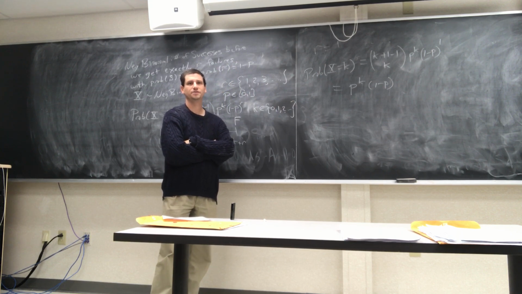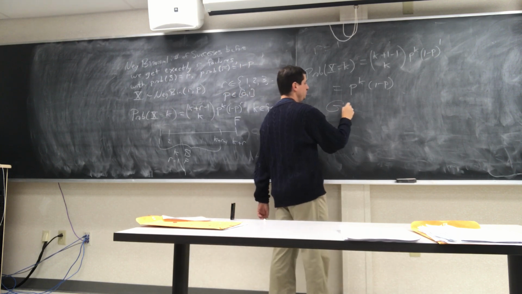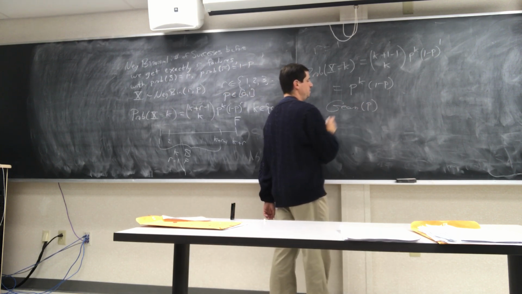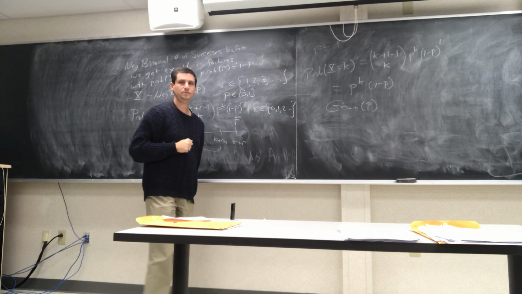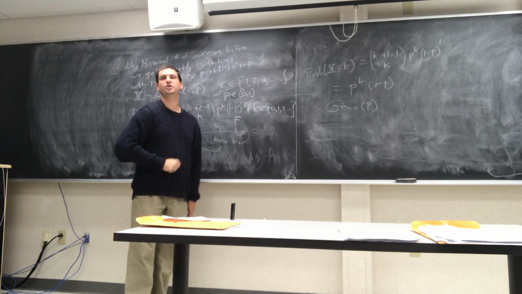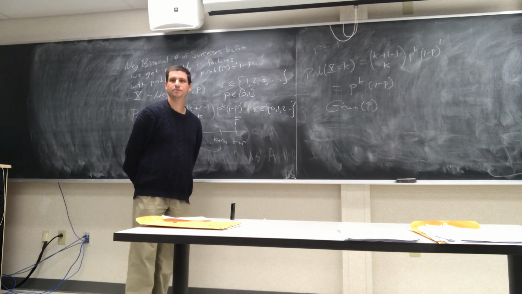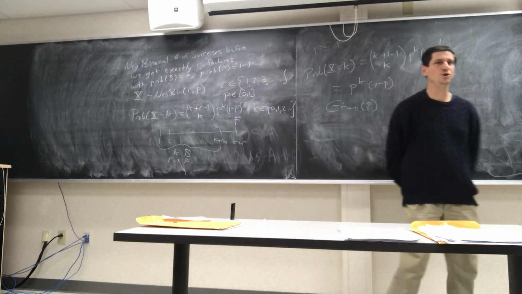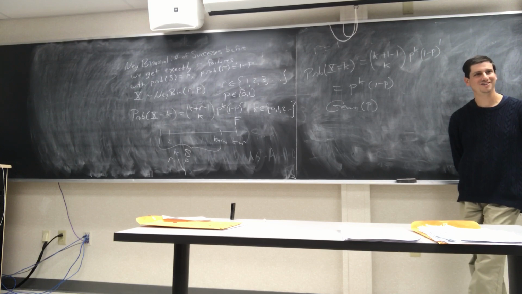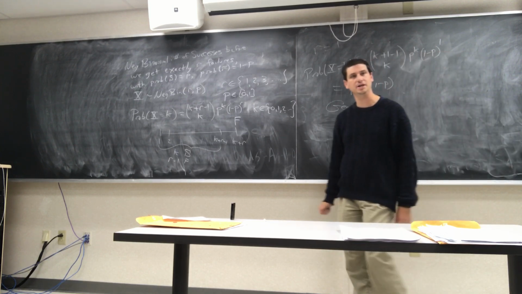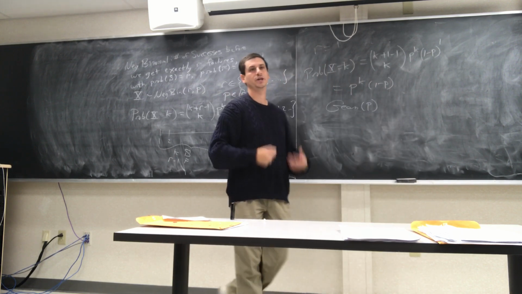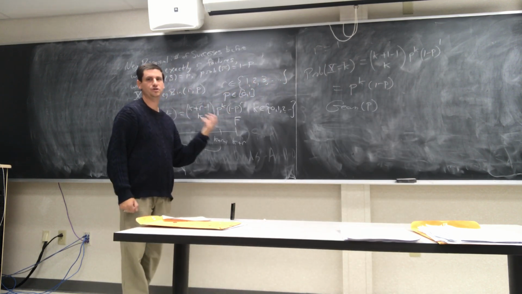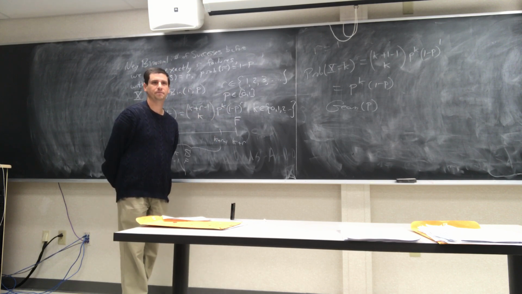What does this look like? Geometric. So this is just geometric with parameter p. So the negative binomial when r equals 1 is just the geometric. You can then ponder why it's called the negative binomial rather than maybe like a negative geometric. But you do have the binomial coefficients coming in, and you do have that choosing process going here. So that's probably the justification for the binomialness in the name.